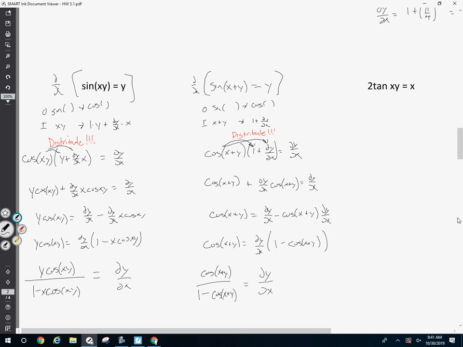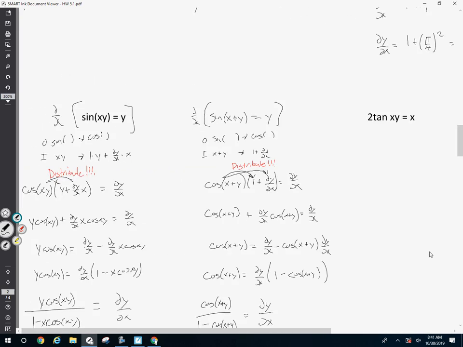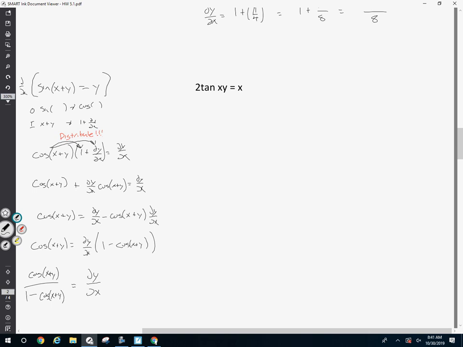Okay. Tangent. Sure. Same thing. I'll do this one quickly. It'll be 2 secant squared(xy) times 1 plus, derivative of the first times the second, so it would be y plus dy/dx x equals 1.